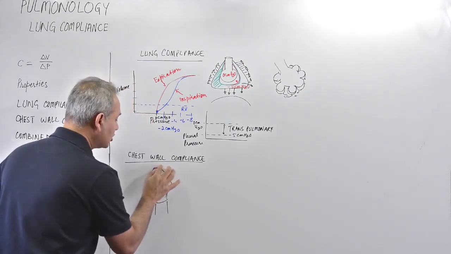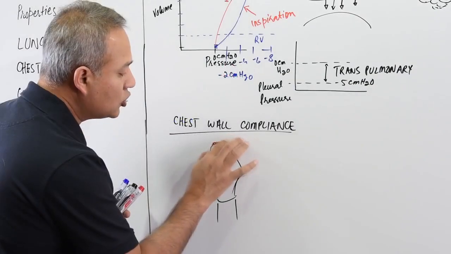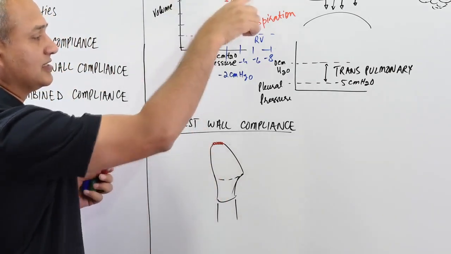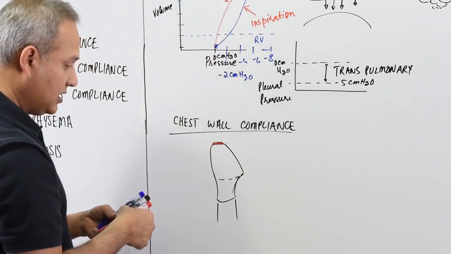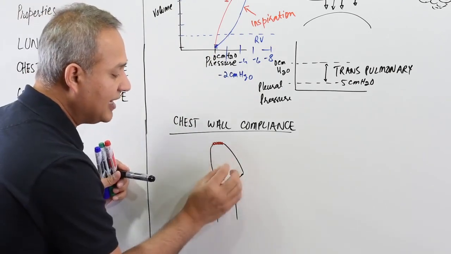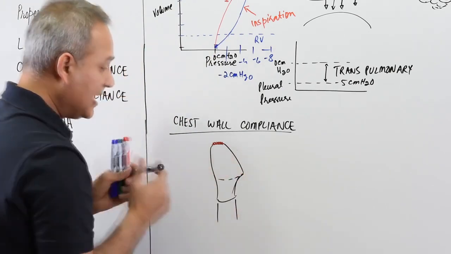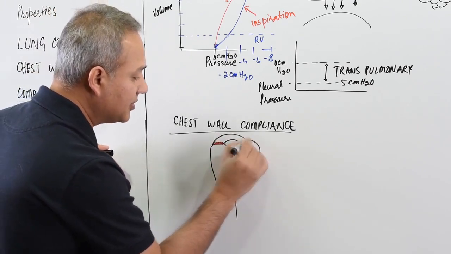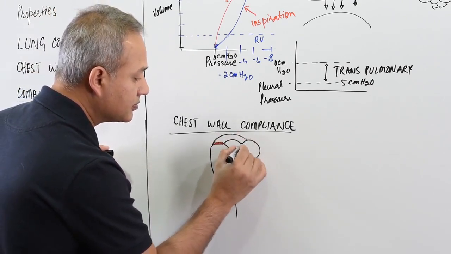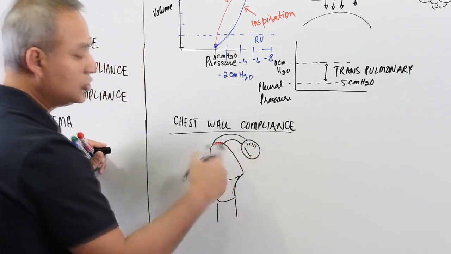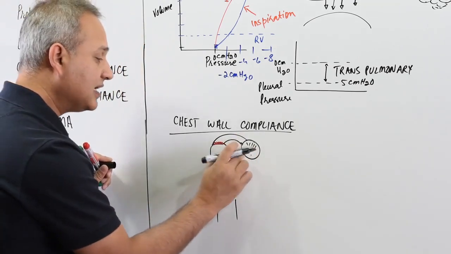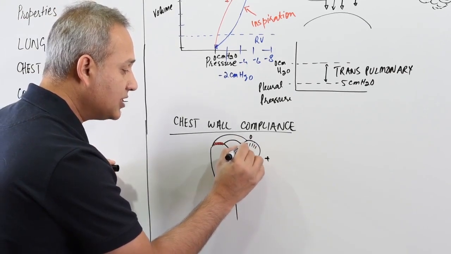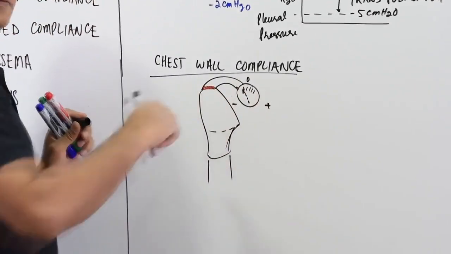So this chest is not open. However, it is closed and the lungs are removed. Lungs were removed and put here to see this. Now, because the chest is not fully inflated, if you attach a meter here that shows you the pressure, and let's say this side is minus and this side is positive and this is 0, then the pressure is going to show on the negative side.